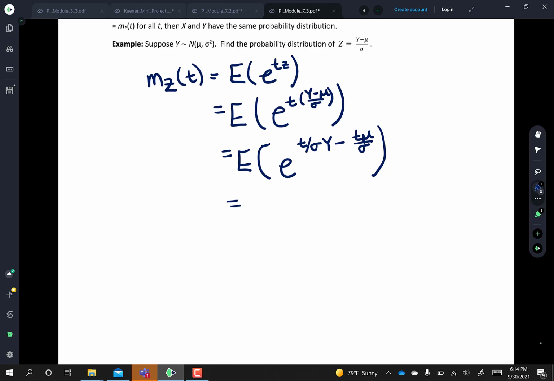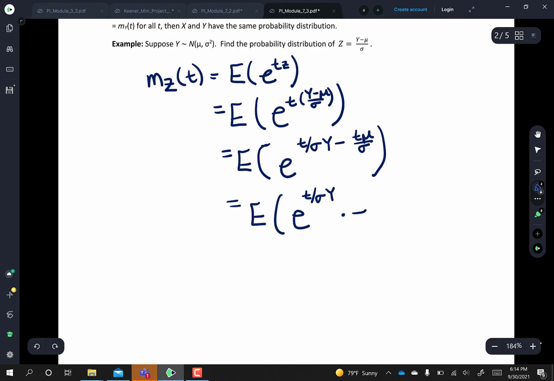Next, since in the exponent we are subtracting, this is equal to the expected value of e to the t divided by sigma y, times e to the negative t mu divided by sigma.